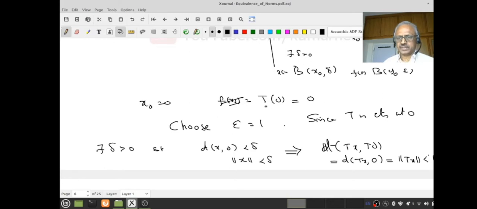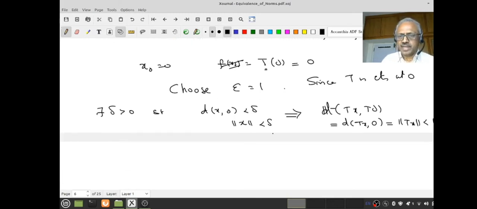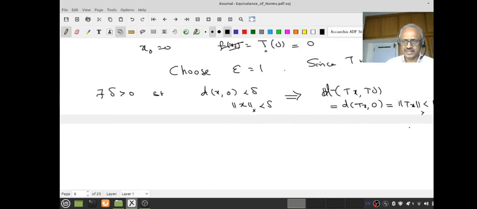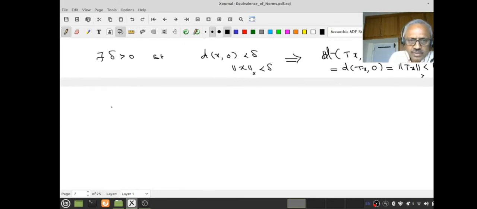That is my epsilon. Now notice that I am using the same notation, but all of you are smart. This x belongs to capital X, therefore this norm means norm on X. Here Tx belongs to Y, therefore norm of Tx must mean norm on Y. So why should I keep writing this and taking time? Okay, is that clear?